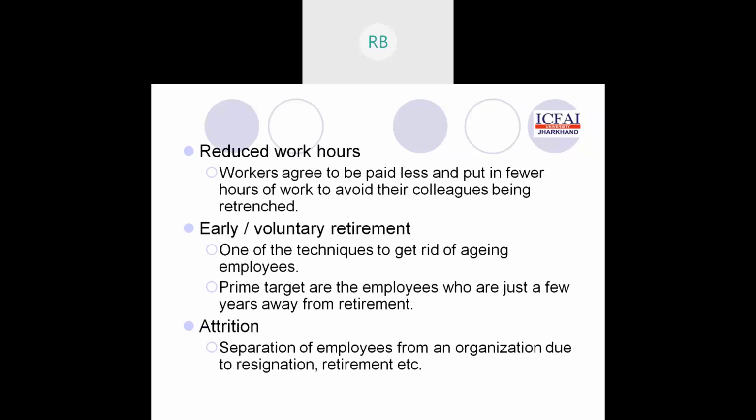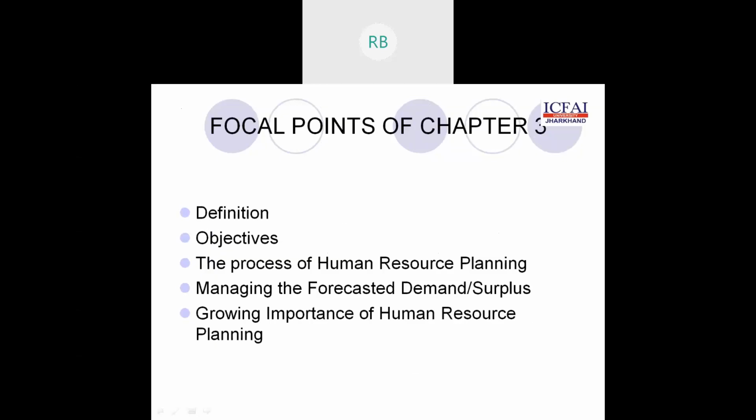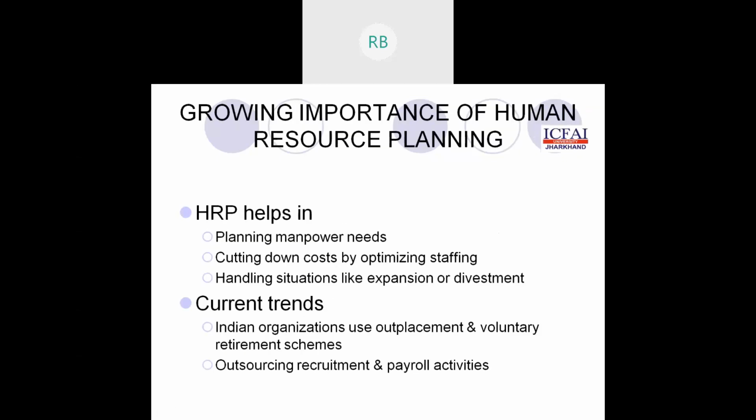Many BCCL people have taken this VRS. They take a heavy amount and sit back. Separation of employees from the organization due to resignation or retirement is attrition. Now, HRP helps in planning current trends.